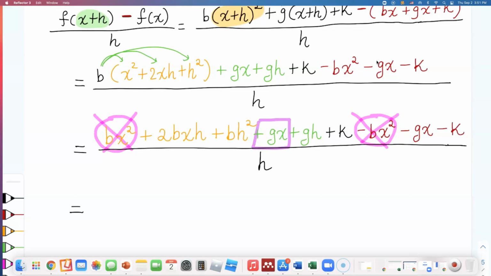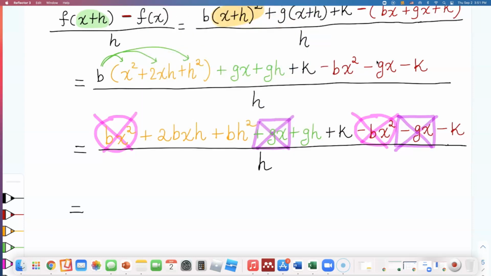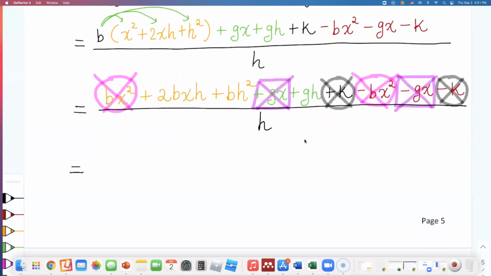There's a positive gx and there's a negative gx. That's canceled out. Oh, one more thing. I'm really looking at it carefully. There's a positive k and there's a negative k. So that's canceled out too. And you look for it too. I don't see any other opposite terms because everything that's left on top of the fraction are positive. Nothing else is negative. So I got everything simplified.